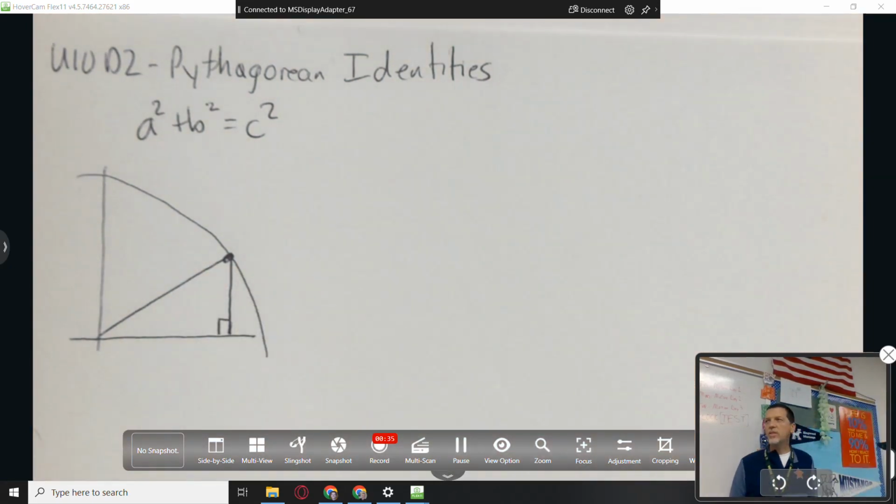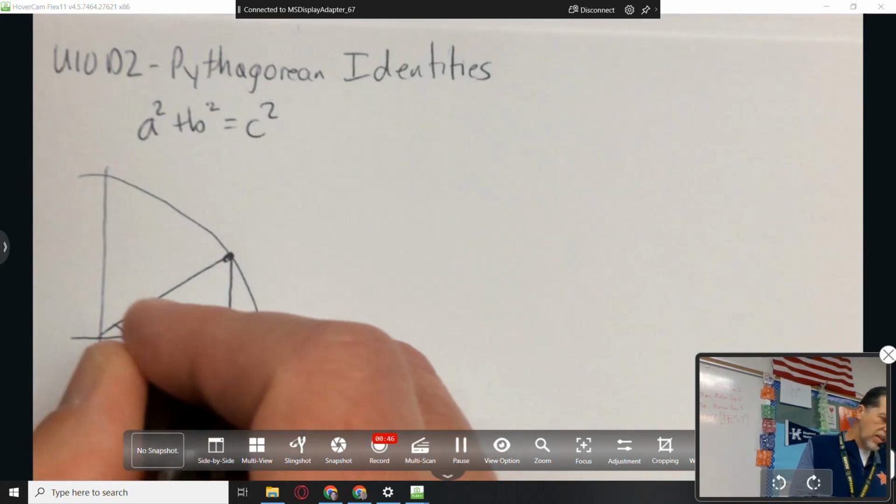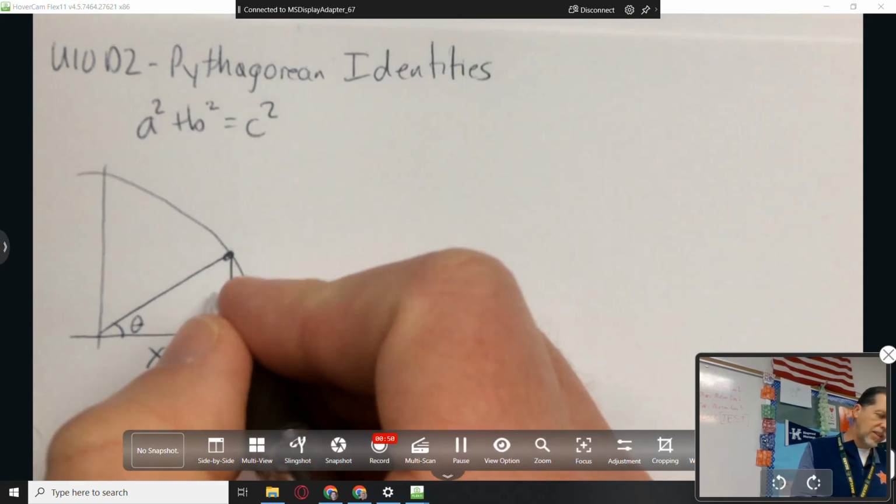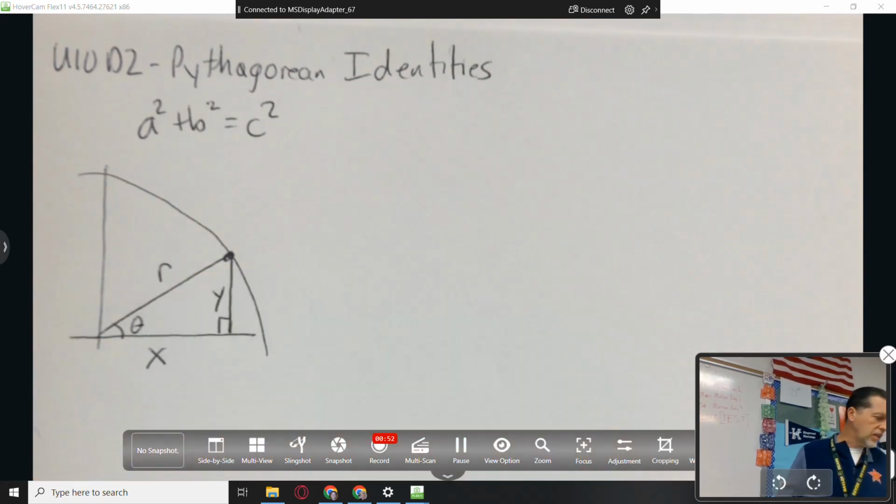That's a pretty good unit circle for my first circle of the day. There's the angle, the x distance, the y distance, the r distance.